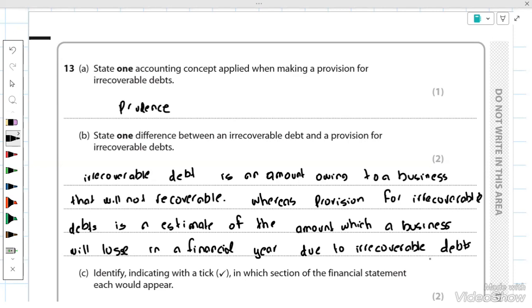But the provision is just an estimate that this much amount of our trade receivable may in future convert into irrecoverable debts. So this is basically the difference between irrecoverable debt and provision.